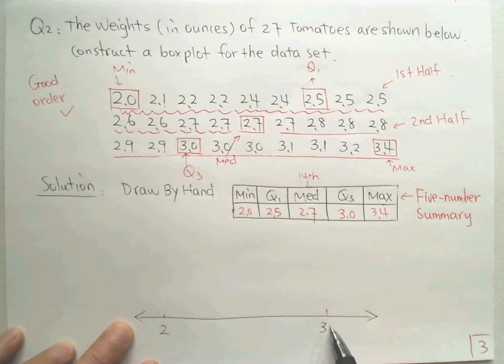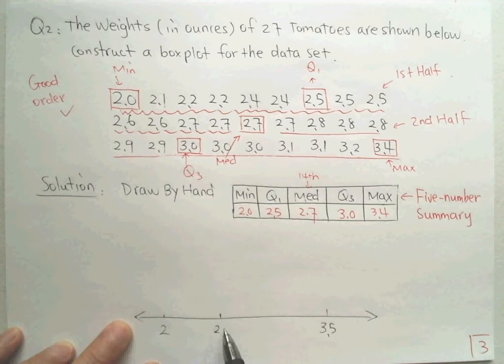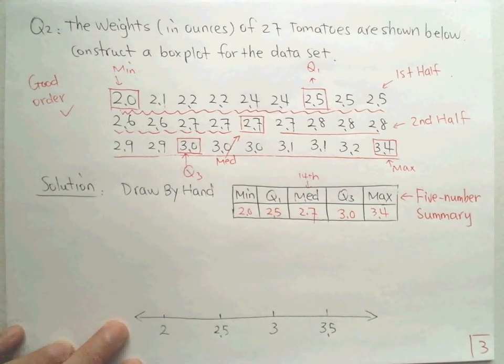The scale of 0.5 is okay. So 2.5 here, and here the same scale, 3, then 3.5. I think now it is almost ready.